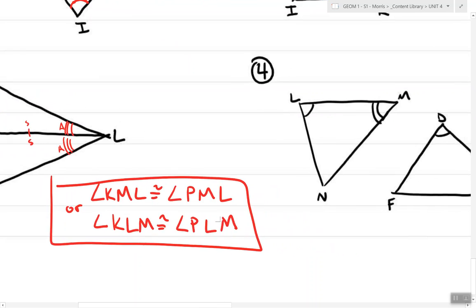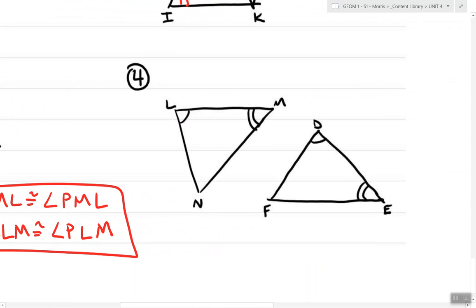Okay, let's go to number 4. I have an angle here, have an angle here, have an angle here, have an angle here. That means I need a side. Basically what I'm insinuating is that there's going to be 2 answers for this, because the only answer I can't choose is LM or DE, because they are between the 2 congruent angles.